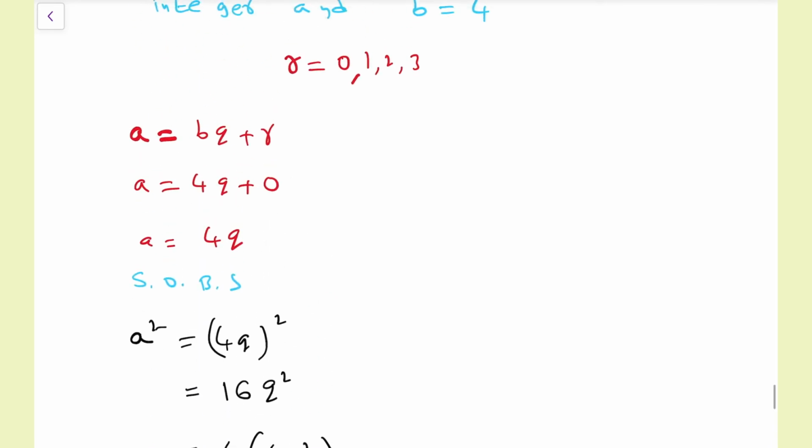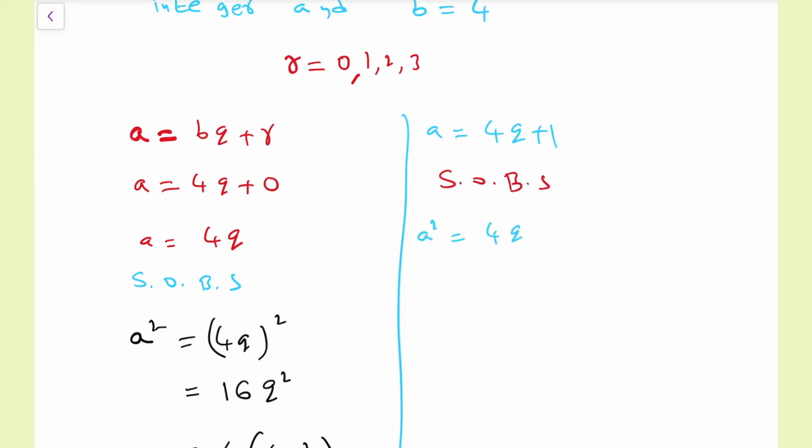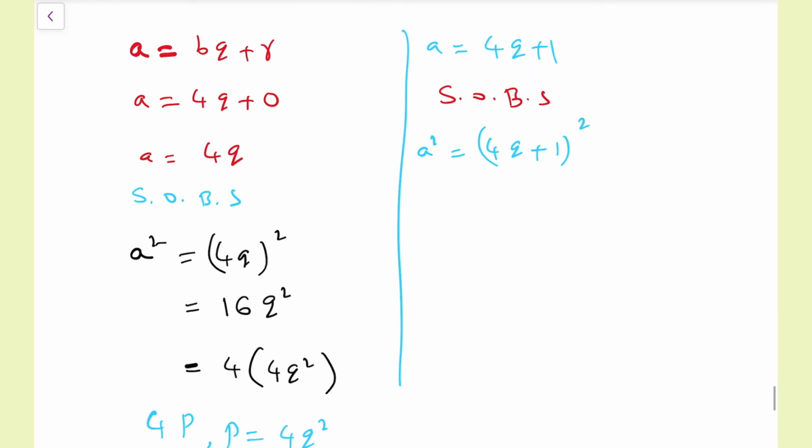Let us take the second remainder. What is the second remainder? That is 1. So a equals 4q plus 1. Here also same again, squaring on both the sides. So we will get a square equals 4q plus 1 whole square. Now again 4q plus 1 whole square is in the form of a plus b whole square.